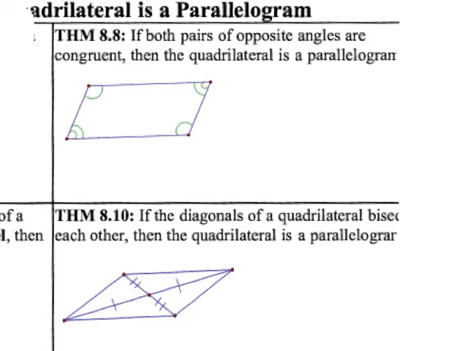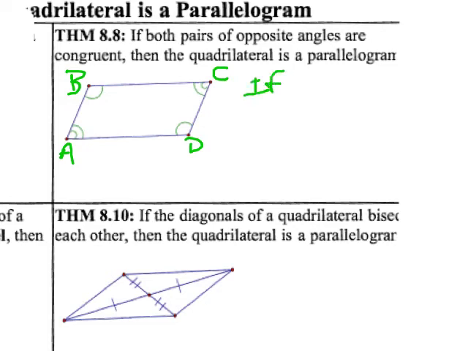Theorem 8.8. All this one says is that if I have both pairs of opposite angles congruent, then the quadrilateral is a parallelogram. So if I have A, B, C, D, and opposite angles are congruent, then I know I have a parallelogram.